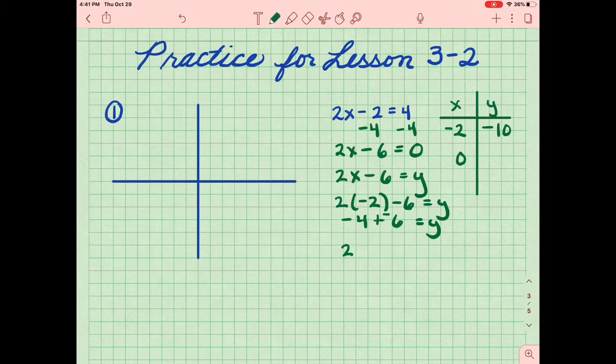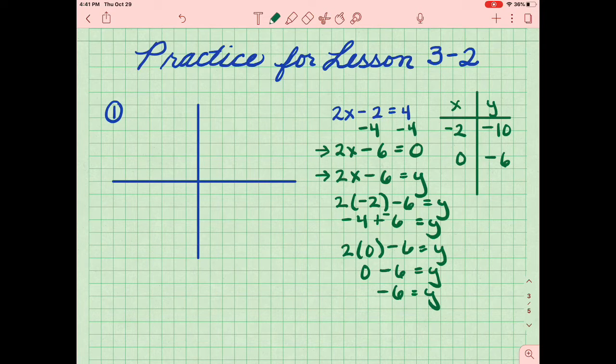Let's do 2 times 0 minus 6. So we're using this equation right here equals y. So I have 0 minus 6 equals y. So -6 is y in this case.